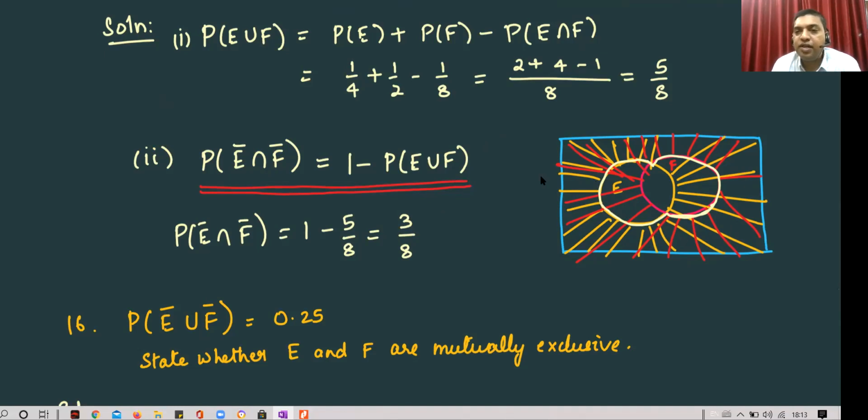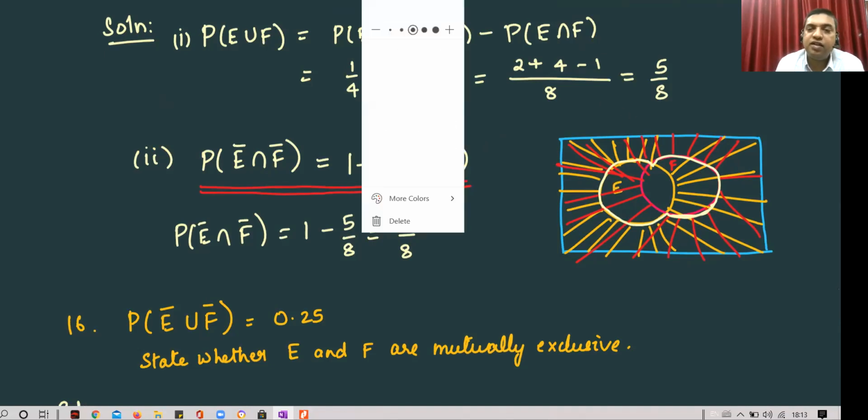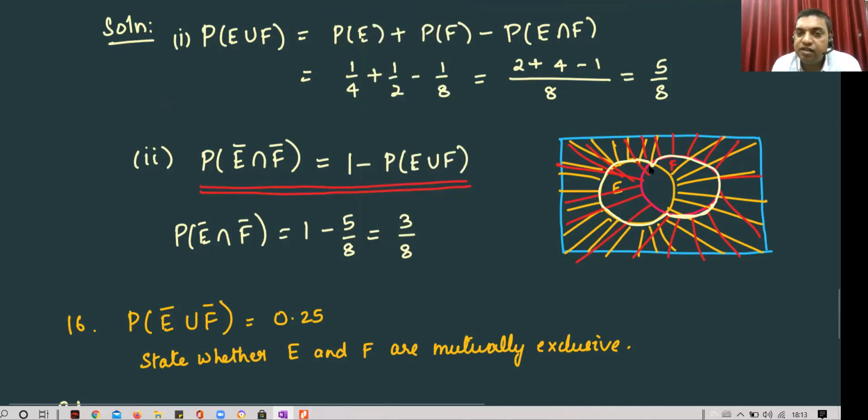So either or means either one of them exists or both of them exist. So it includes all the shaded region. So only one particular region is not shaded, and that is this intersection.